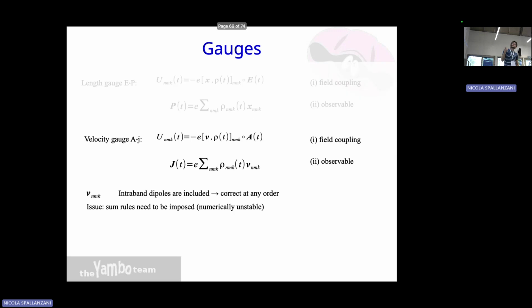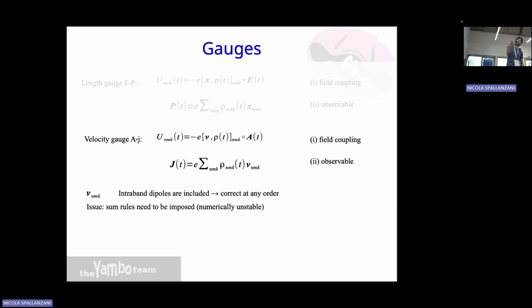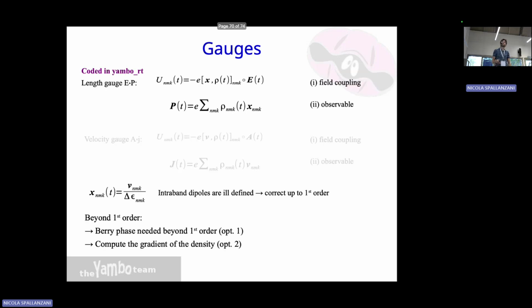However, an important remark is that the velocity dipoles can also be defined for the conduction-conduction and valence-valence blocks, while the position dipoles are defined only for this case. So in principle, the velocity gauge is more complete. In practice, however, it has issues with some rules and is very unstable. And this is why our code prefers to stick with this approach.